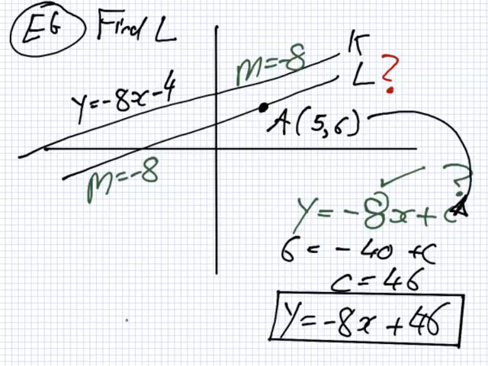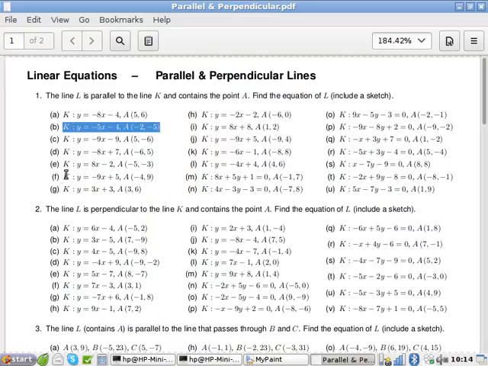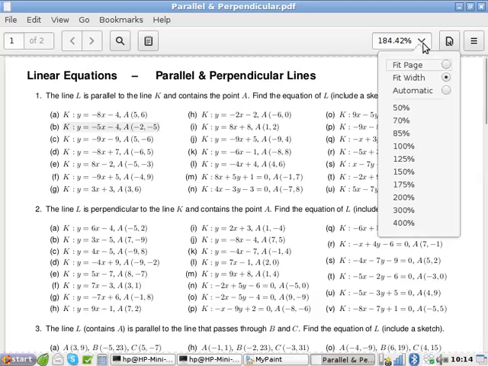Continue? Yeah. Okay. So you can try one. Can you try the second one here? Can you see it okay? A little bigger?